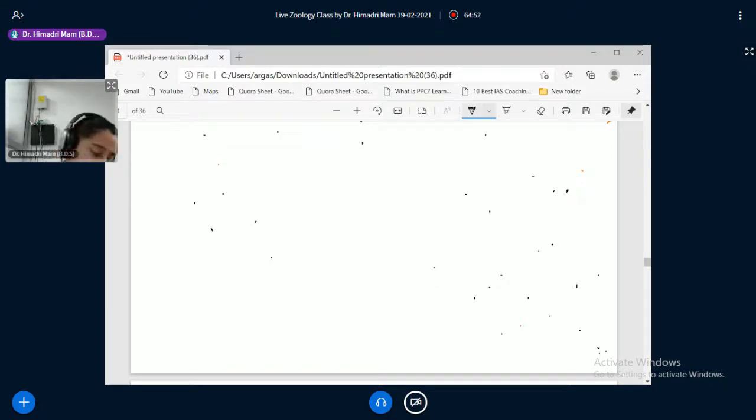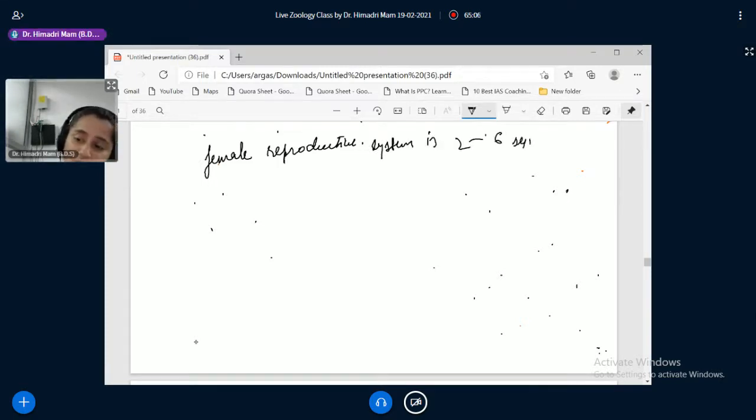Right. Now, the female reproductive system is at the second to sixth segment, right, in the abdominal segment.